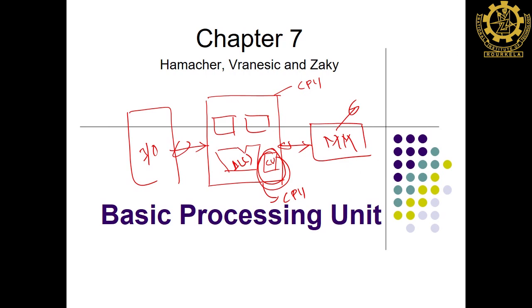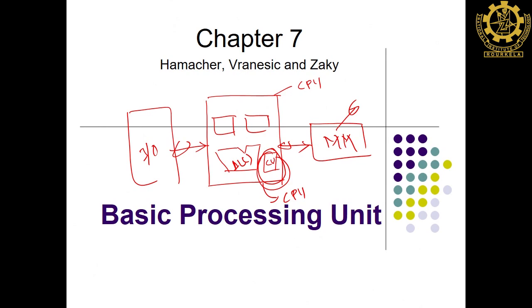Before studying the control unit in detail, we will see some basic processing. When instructions are getting executed, what are the steps we need to do? Earlier we said an instruction has to be brought from main memory to the CPU, and in that process what will happen?